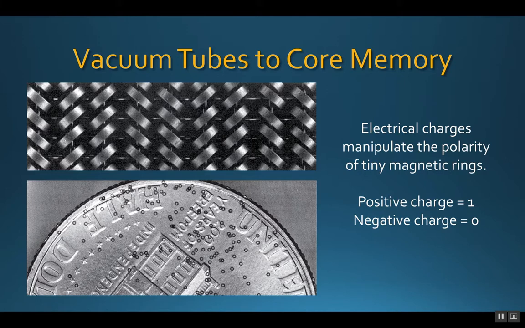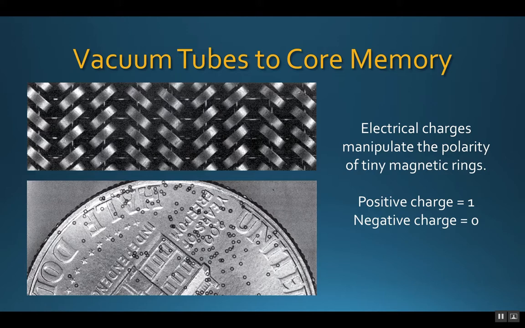One of the next things that came along was what we call core memory. The top picture that you see, there are very small wires running through a series of little tiny magnetic rings. And to see the actual size of them, you can see them sitting down there on the lower picture on top of a $50 bill.